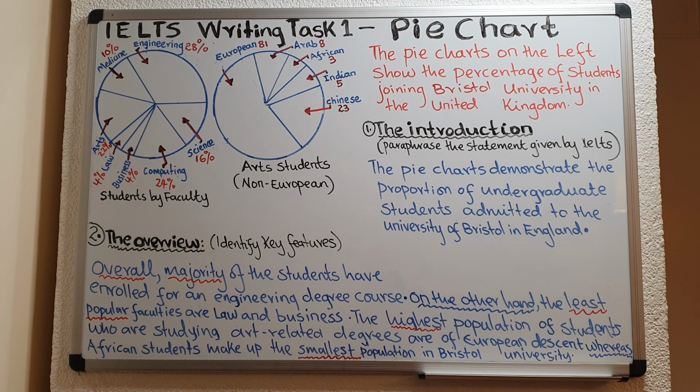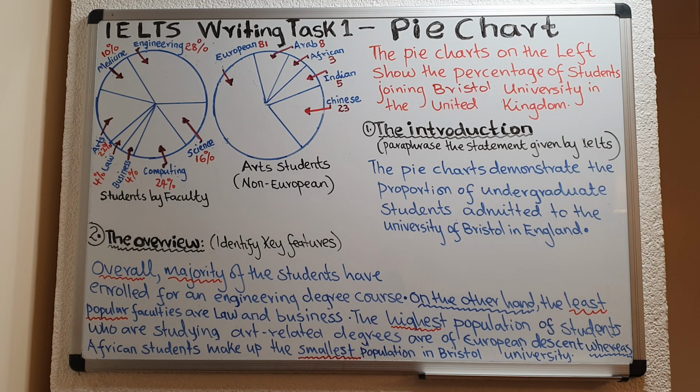So instead of Bristol University in the United Kingdom, then we have University of Bristol in England. Okay? So that is how you write the introduction. All you have to do is paraphrase the statement that has been given to you by IELTS. In other words, rewrite it in your own words.